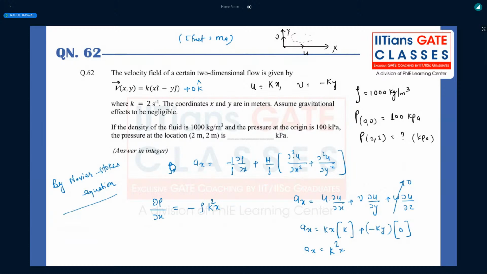Now some of you might be thinking, what will this term be? So just think of this. U we know. What will dou U by dou X be? That is K. What will dou square U by dou X square be? That is 0. What will dou square U by dou Y square be? dou U by dou Y itself is 0, so automatically 0. So the whole term will be 0, right?